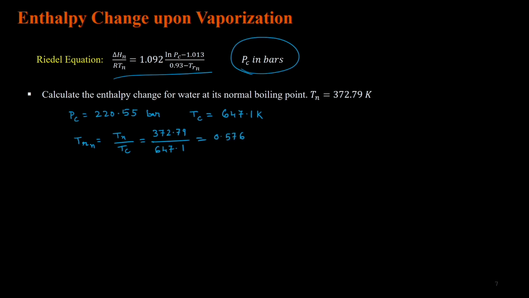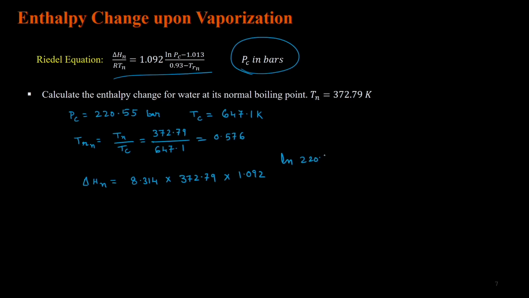Once I have TRN, I can plug everything else into that Riedel equation to get delta Hn. It's going to be R Tn, R is 8.314, times Tn is 372.79 times 1.092, logarithm of PC. PC needs to be in bar. We have it in bar.